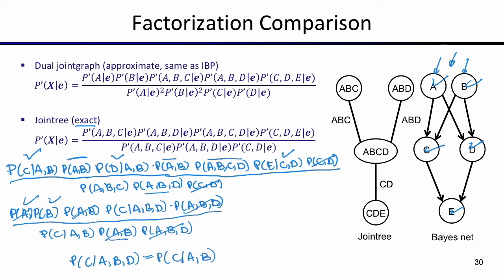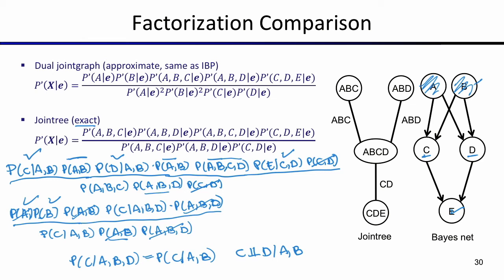And that's going to be true in the case that C is independent of D given A and B. And actually that is true by this network here. If we look, C is independent of D if we observe A and B. That's true. And okay, that's one assumption that we have.